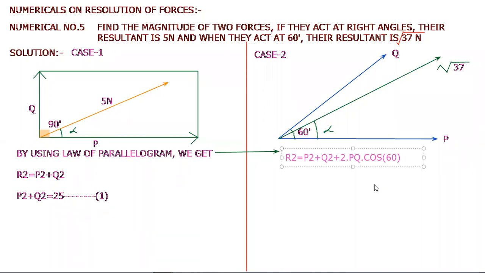So therefore, at final, we will get r square is equal to 37 is equal to p square plus q square plus, now cos of 60 is equal to 1 by 2. 1 by 2 multiplied by 2, 2 will get cancelled, and we will get the second expression.